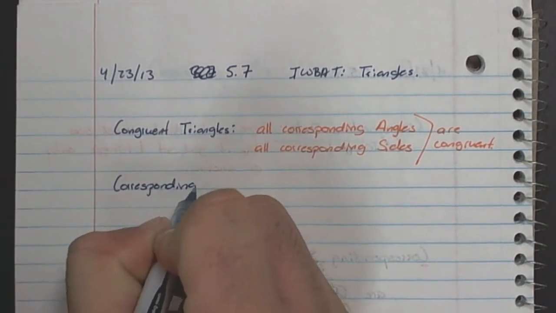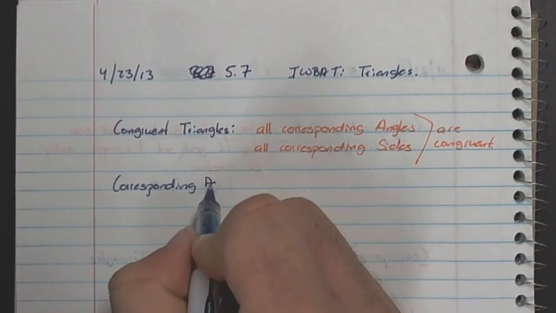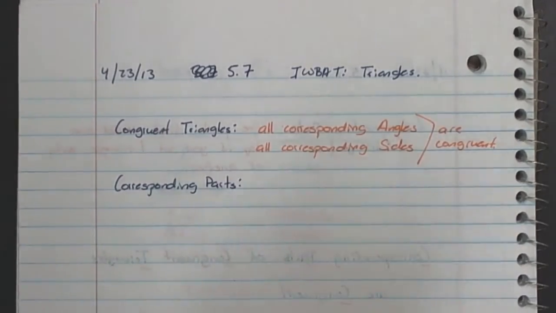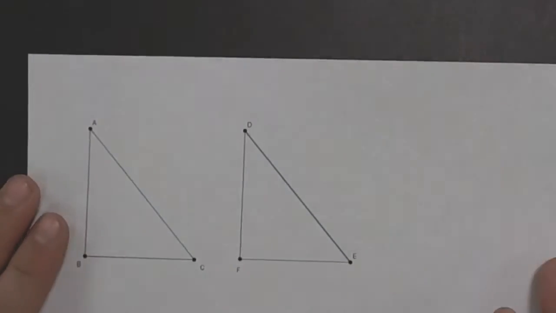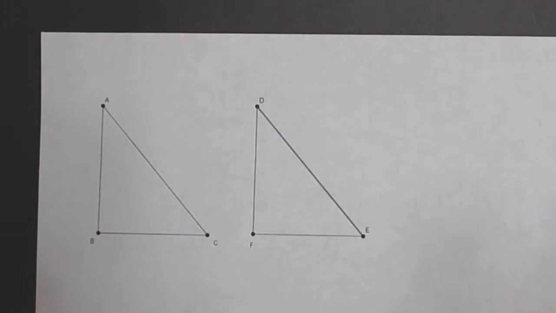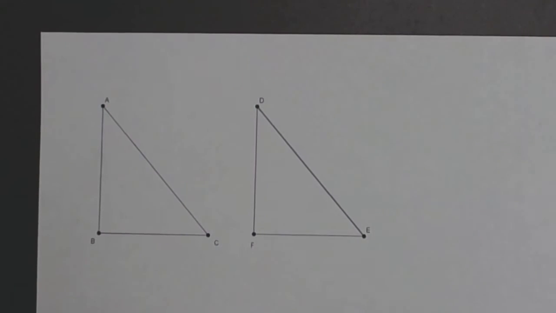Corresponding parts. There are two ways to look at corresponding parts, and I've drawn some triangles to help us look at that. Here are two triangles. The first thing that I need to tell you for us to even try to put together corresponding parts is that we have to know that they are congruent.